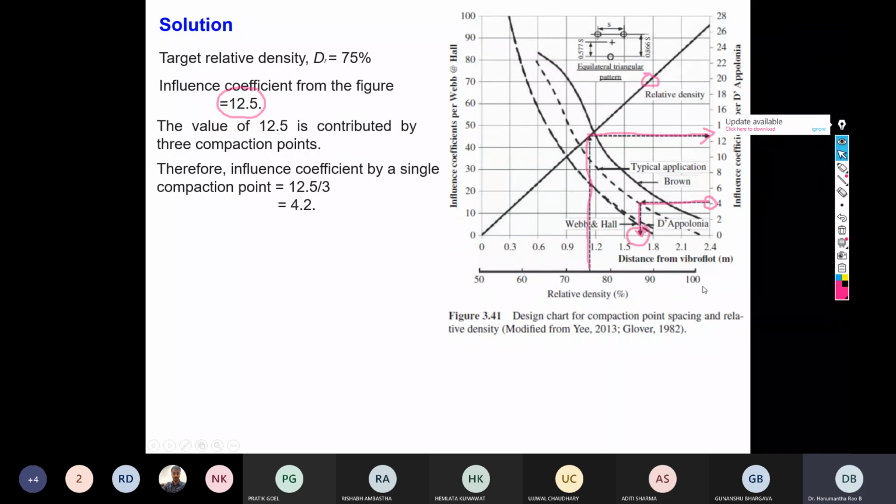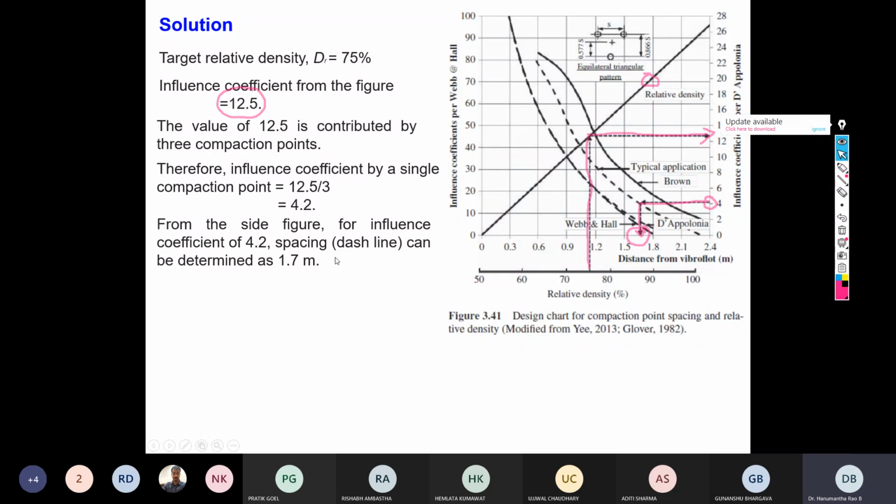Here this value is approximately 1.7 meter. So from the influence chart, we could determine that the optimum spacing is 1.7 meter.